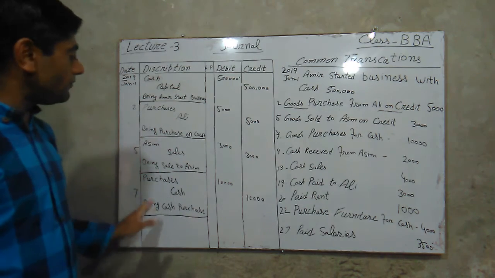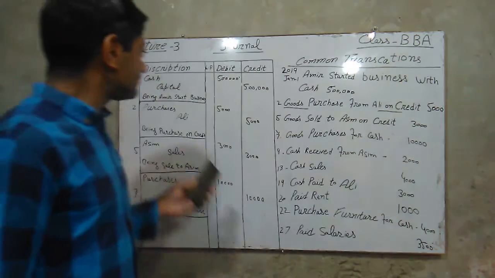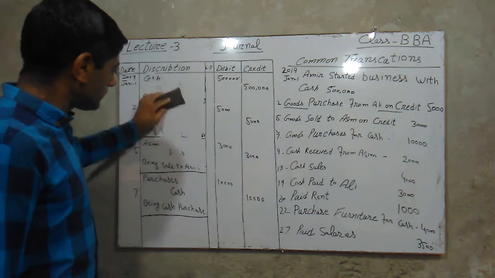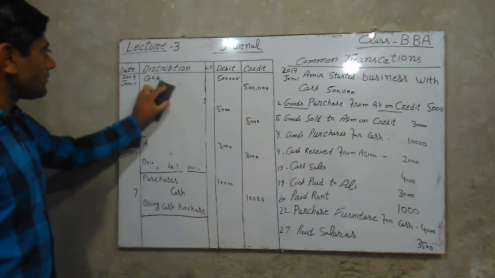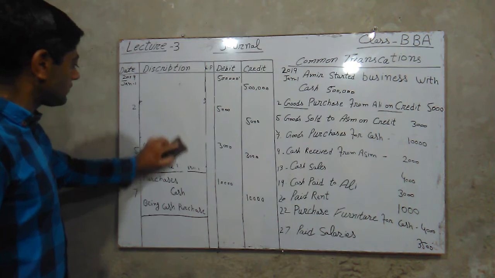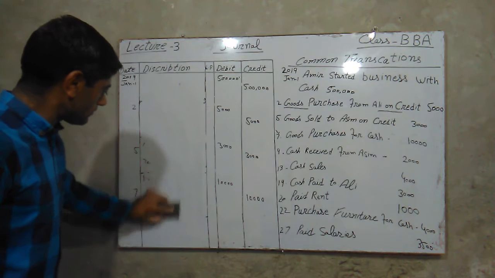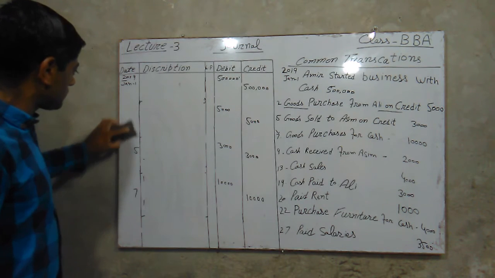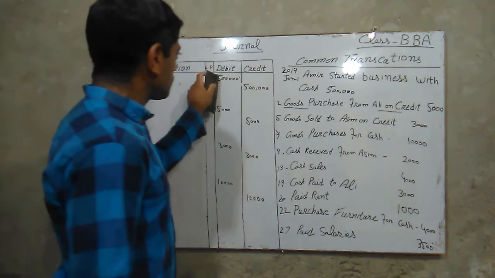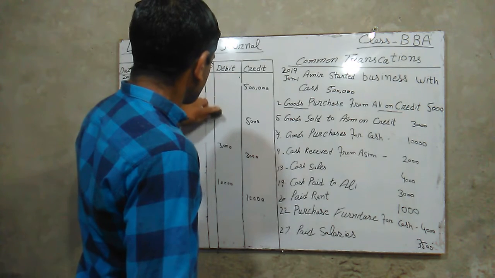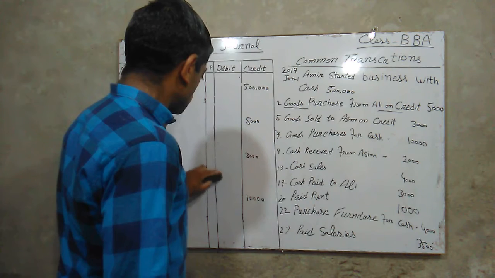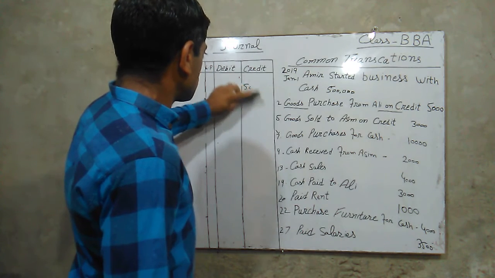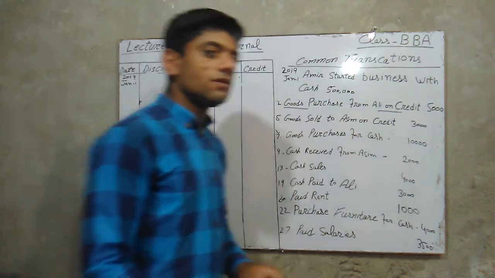So now we remove this and pass a journal entry of the other transactions due to limited space. So start again.